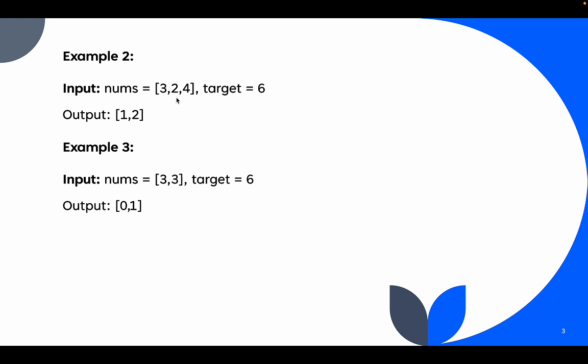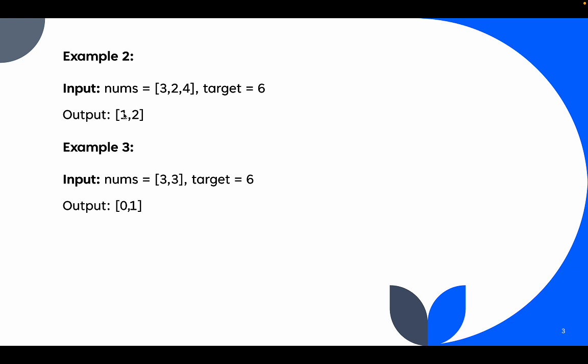Alright, we have another example here with an array containing these numbers and the target equal to 6. So here we know that 3 plus itself is equal to the target 6. But we need to use a different number. We can't use the same exact number more than once.